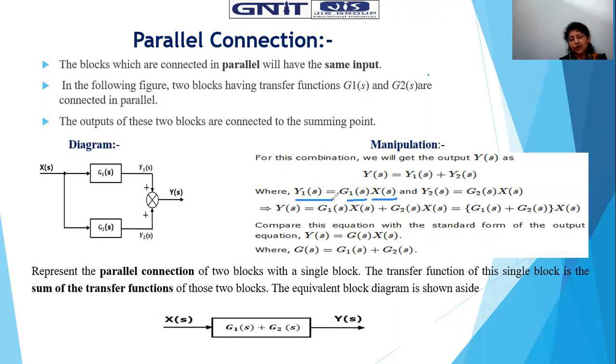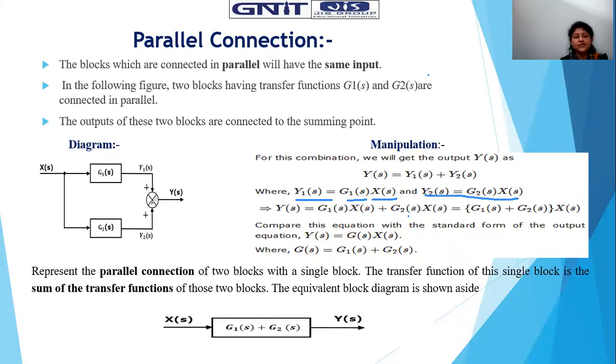So Y1(s) equals G1(s) into X(s). Now what is Y2(s)? Similarly, X is also passing through G2, so Y2(s) is the transfer function of that block, G2(s), into X(s).